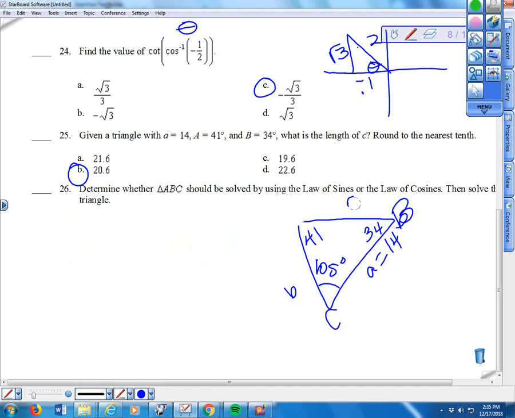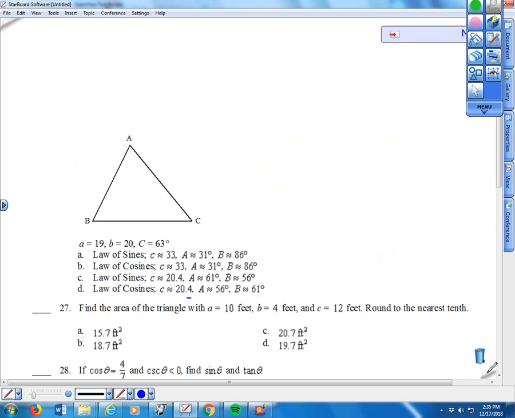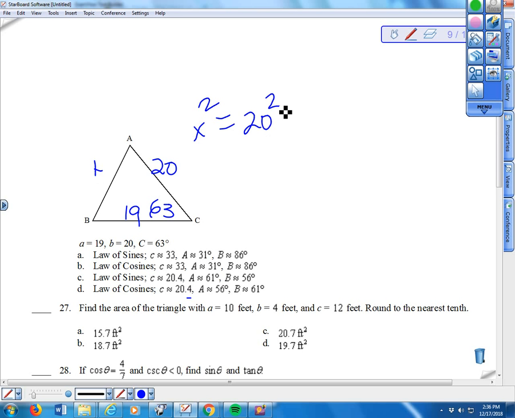Now we're trying to figure out if the next one needs to be law of sines or law of cosines. If A is 19, B is 20, and C is 63, law of sines or law of cosines? Cosines. Yeah, because I don't have the other two angles, so I don't have the side opposite the 63. So this squared is 20 squared plus 19 squared minus 2 times 20 times 19 cosine 63.